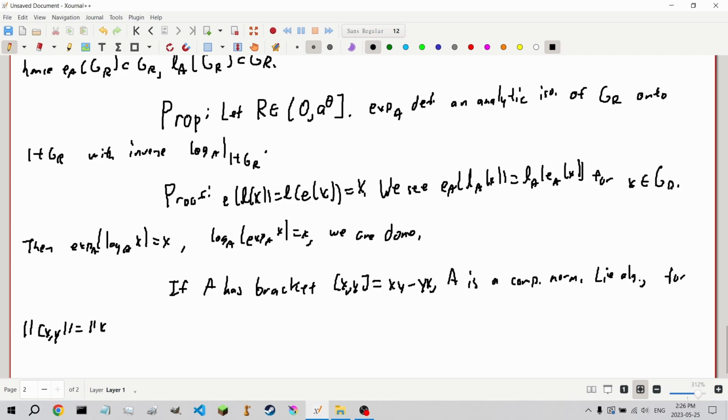Well, this is xy minus yx, which is bounded by the supremum of xy and yx, which is bounded by the norm of x times the norm of y.